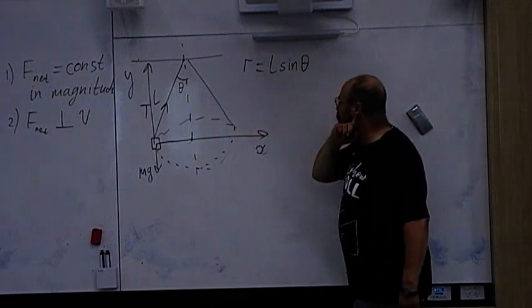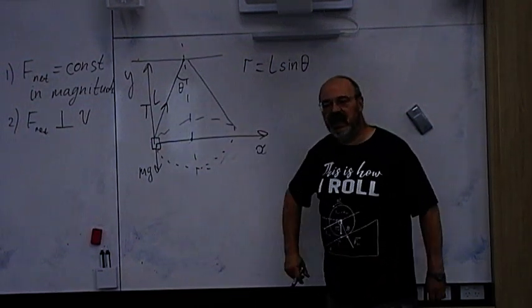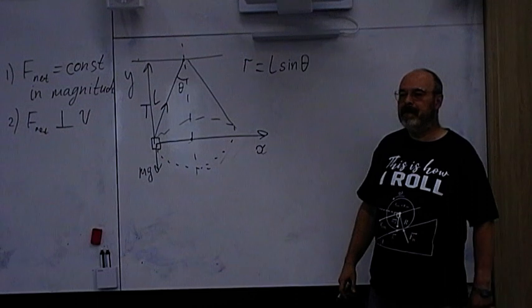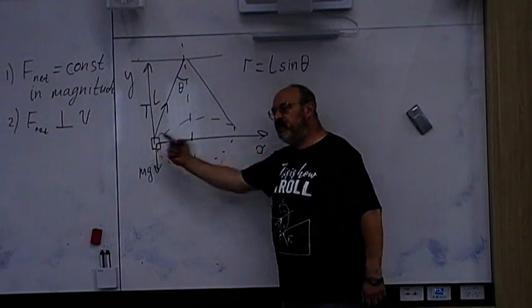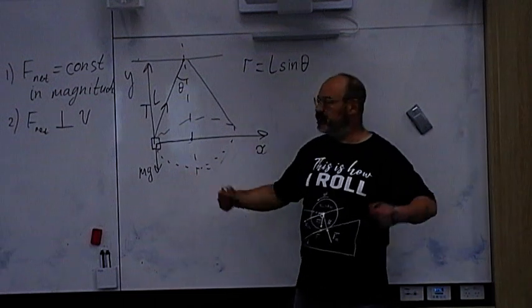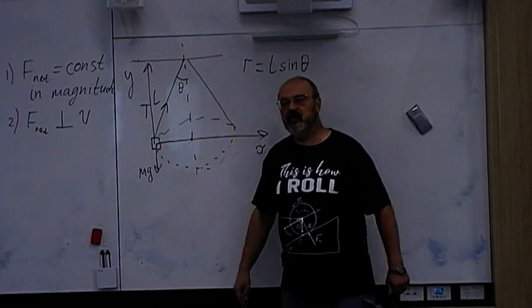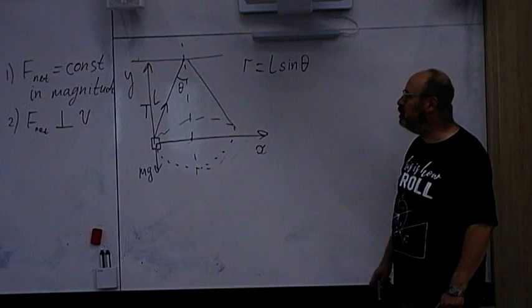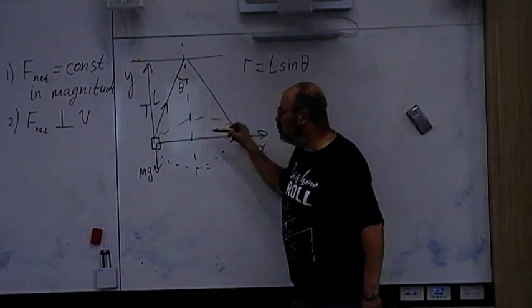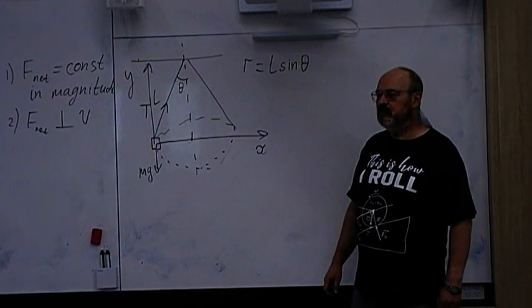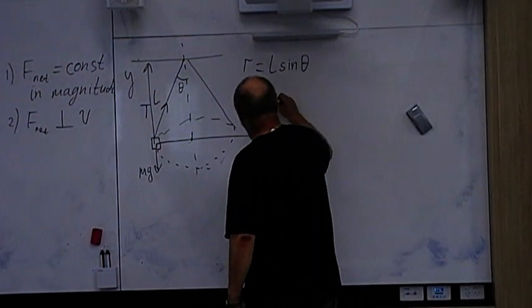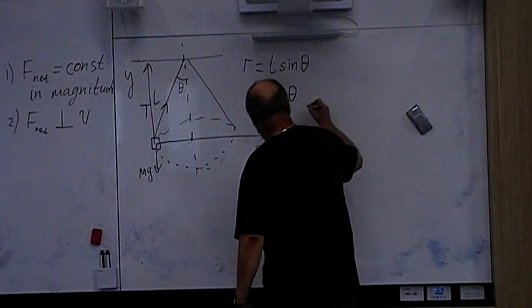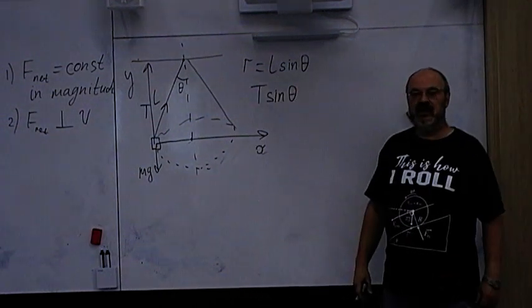Now, what will be acting horizontally? Does mg have any component acting horizontally? No. Tension. What is the component of the tension in the horizontal? T sine theta. So the only force acting horizontally is T sine theta.